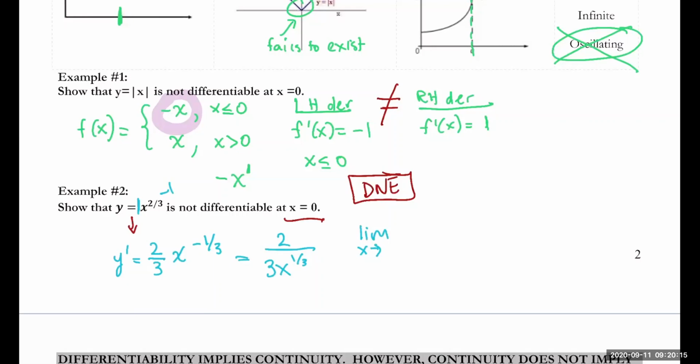The a value here is 0. The function I'm examining is the derivative function. So this is the right-hand derivative versus the left-hand derivative. Limit as x approaches 0 from the left.